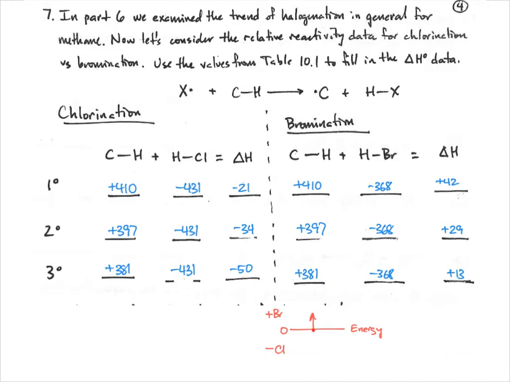If you're going up, you hit this first. Then you hit 29, then you hit 42. So if the bromine radical is looking for a hydrogen to abstract, it's going to abstract the first thing it sees, and that's going to be that value of 13.